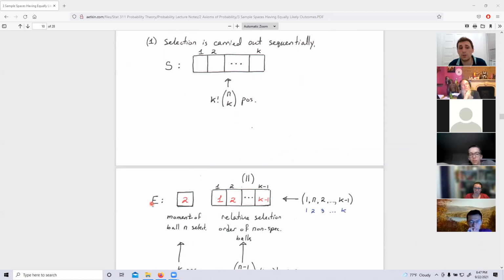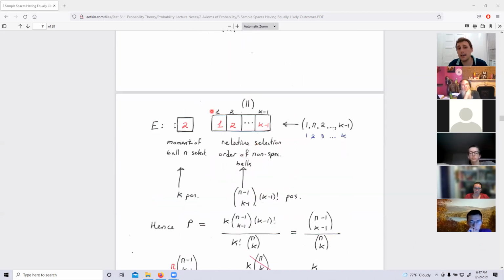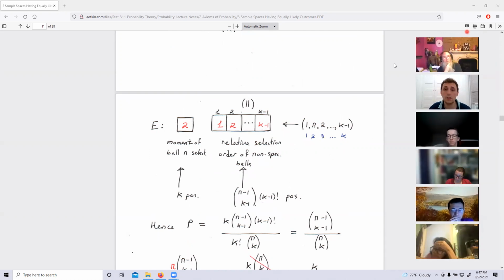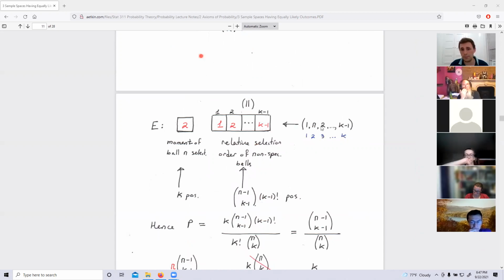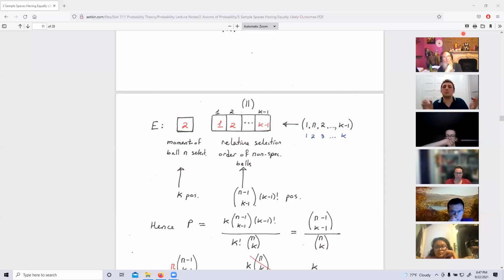And then I have the success document. The success document, I decided to make this way. So this box is the moment when I pick the special ball. So maybe let's say in this case, it was moment number 2. Here it is. So here's what happened here. And here, the remaining boxes are the relative positions of the remaining non-interesting balls. And the special ball was selected in the 2nd place. And here it records the relative position of everything else. So I can clearly use this document to reconstruct what happened if success occurred.